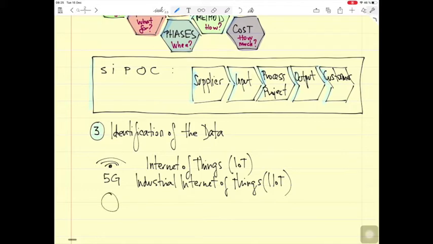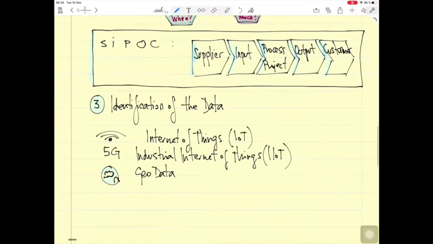or it can come from geodata, like cars driving around, or it can come from social media, Twitter or TikTok, I don't know, WhatsApp.